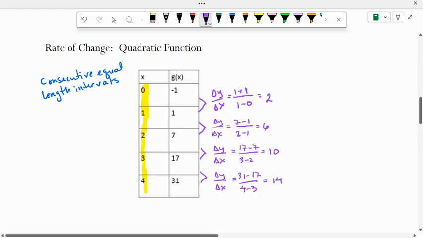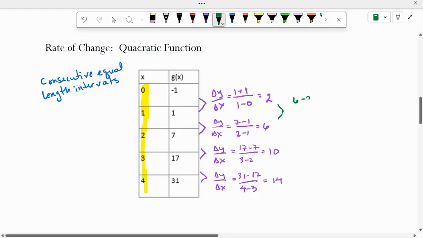And what I recognize is that over consecutive equal length intervals, in this case, my average rate of change is not constant. It is not a constant function. But could I describe it with a function? Well, if I look at these rates of change here, I'm again changing by 1 in equal length intervals.